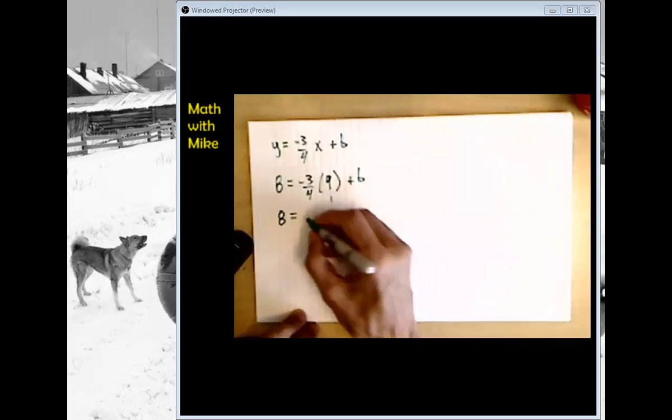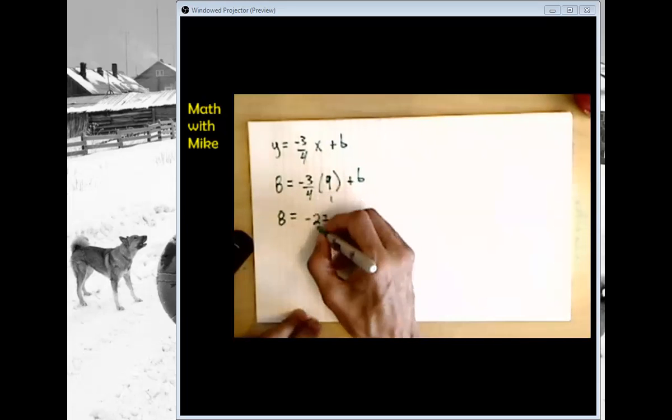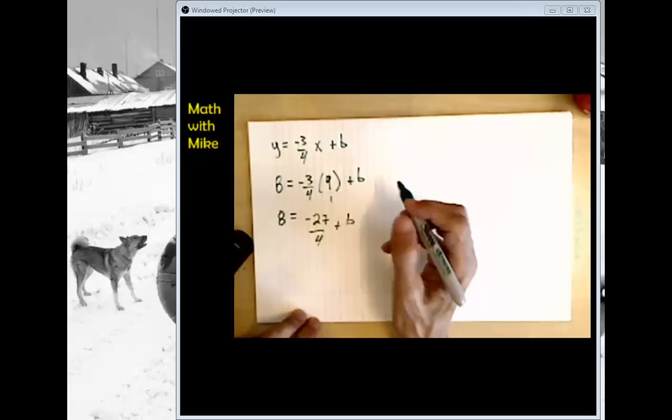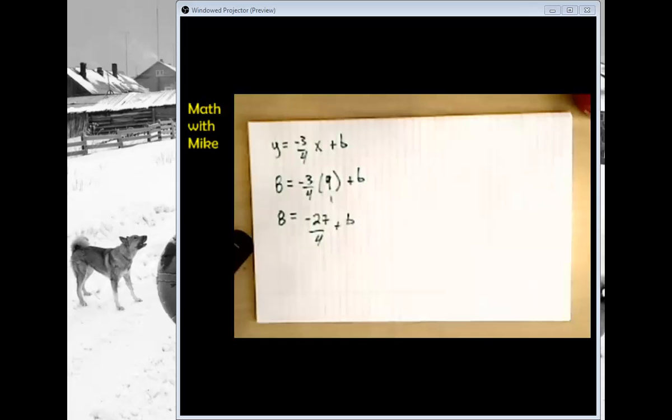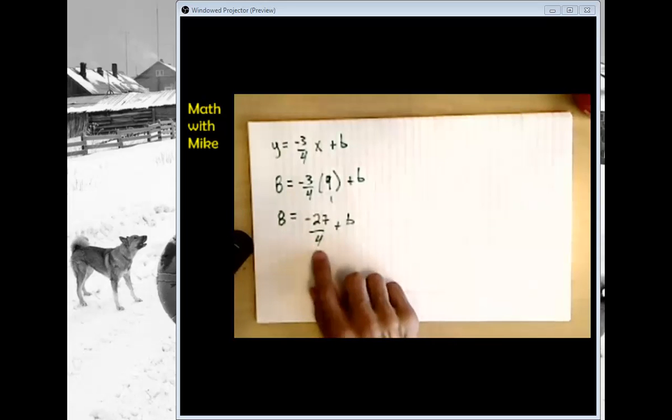Okay, so we end up with -27/4. That's true. And then plus b like that. It could be like 6 and 3/4, yeah, changing it to a mixed number, but we're going to leave it like this. Actually, this is sort of the better way to work with it.